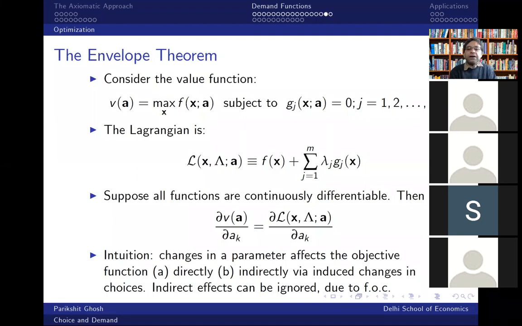But you can also ask, what is the slope of the indirect utility function as a function of these prices? So here's what the envelope theorem says: the slope of the value function with respect to the kth parameter is nothing but the slope of the Lagrangian function with respect to that. So if you want to calculate the slope of the value function, just take the corresponding derivative of the Lagrangian function and you're done.